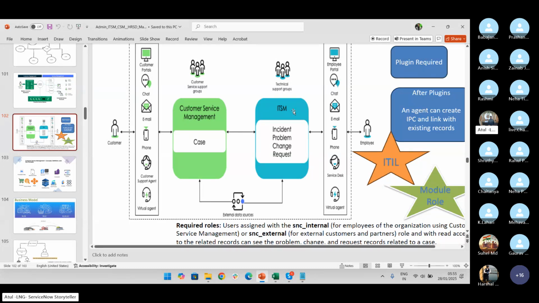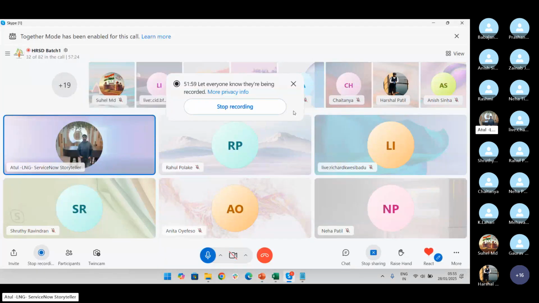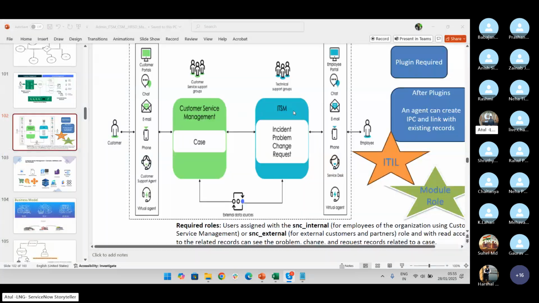When you go to a shop, what do you say? Bhaiya, we have a complaint. This fridge is not working, this AC is not working, this phone is not working. Madam, this is your complaint number. But in the background, that complaint can be an incident if it requires the IT team to fix it.